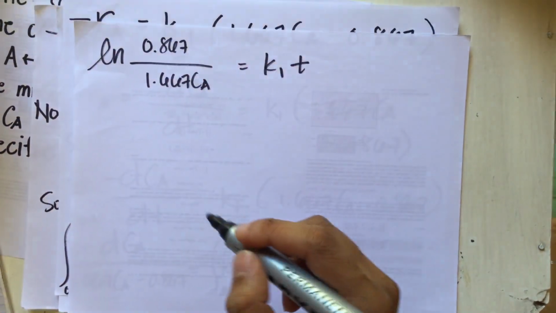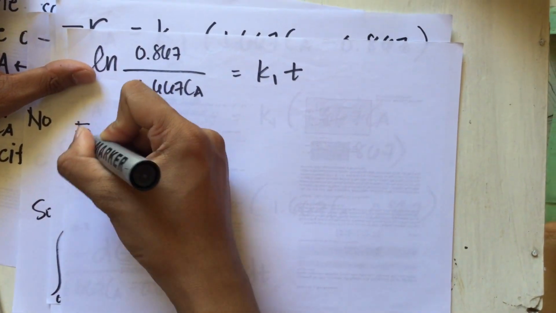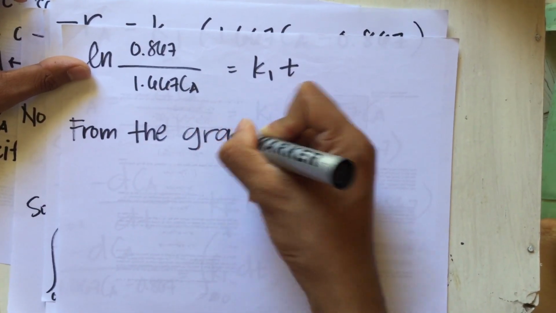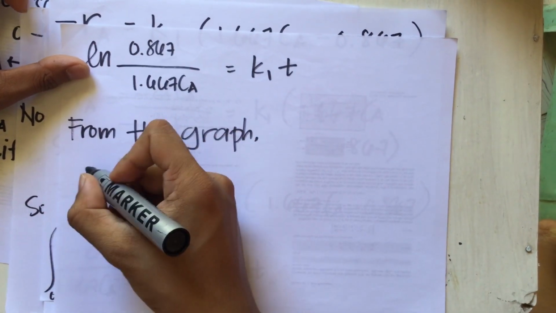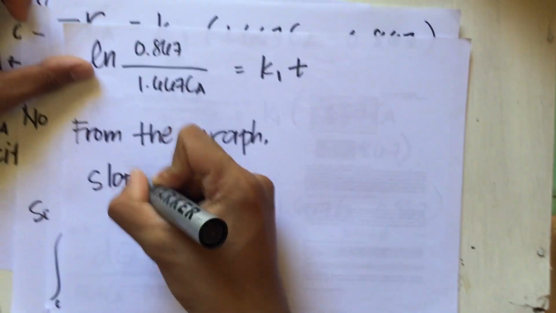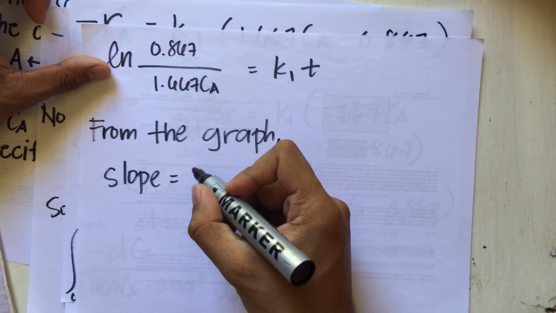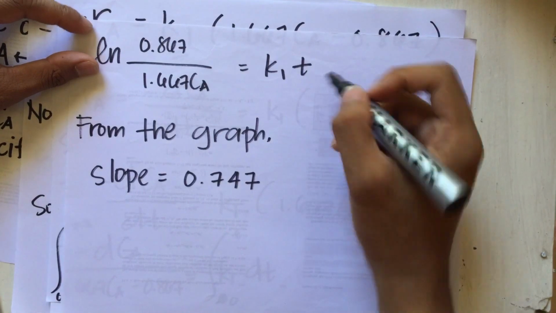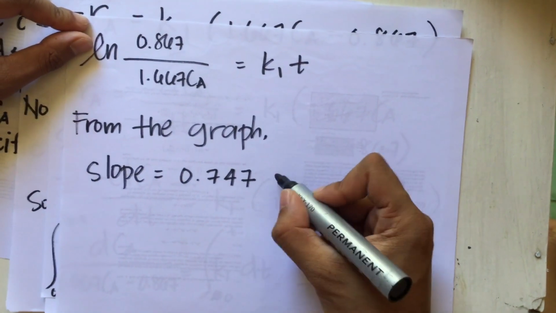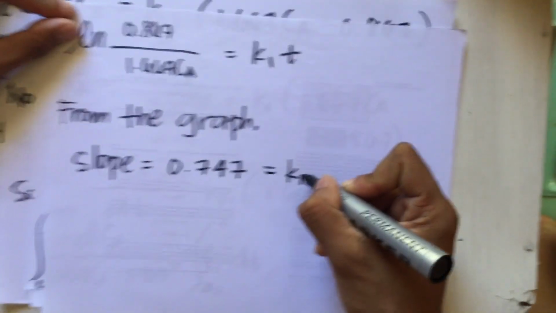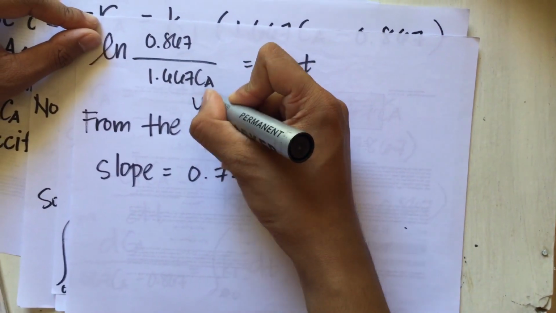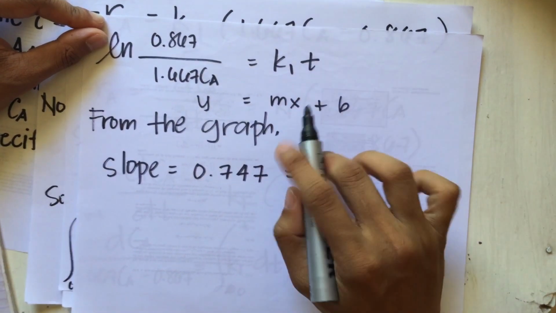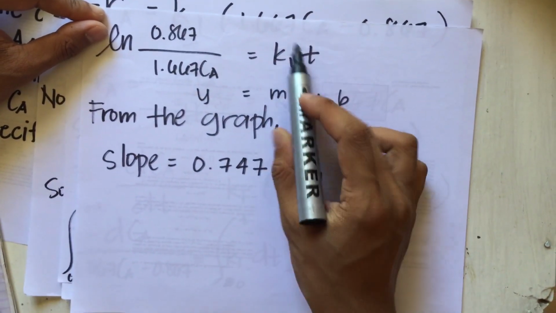So from the graph, we get a slope equal to 0.747, and this slope is actually equal to K1, because this is y equals mx plus b. This is the x and this is the y, and this is the slope K1.